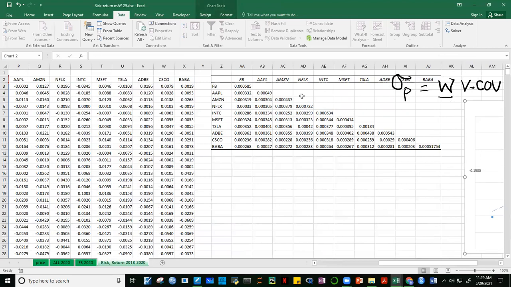And ito namang nasa ibaba, this is now the covariance. So covariance of Netflix with Facebook is 0.0033. Dapat yan guys dito din yan, no? Kasi covariance ni Netflix with Facebook is just the same as the covariance of Facebook with Netflix. Kaso nga lang hindi sa atin binigay yung buo, but we can copy that quickly, no?